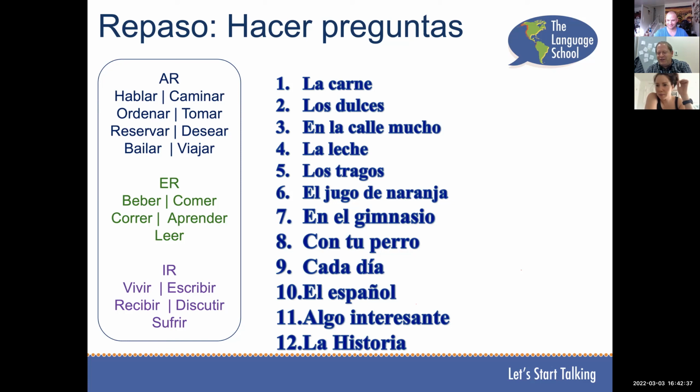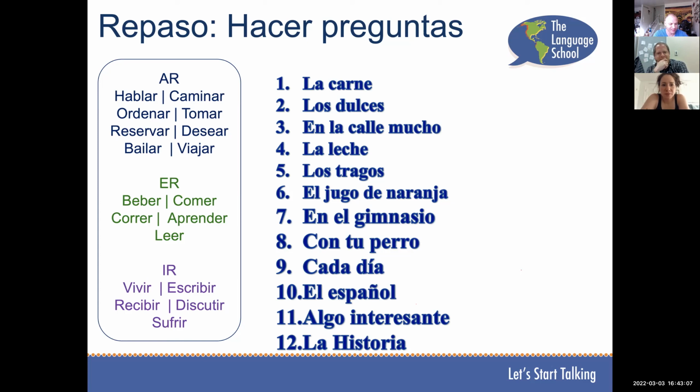Oh, my French, cahier in French is notebook. I took French in high school and I think I'm letting that take over. ¿Qué significa calle? La calle. Street. ¿Tú caminas en la calle mucho?